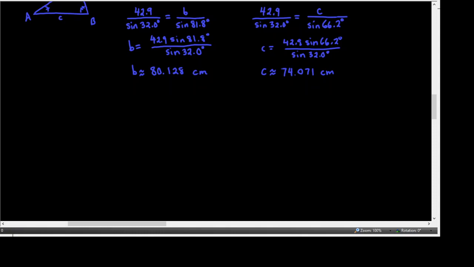So for this next application example, a surveyor wishes to measure the distance across a river, and they give you a picture of this, so that helps. She determines that C is 112.90 degrees, so that's given. A is 31.1 degrees, and that's given.